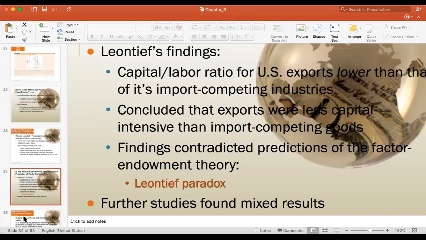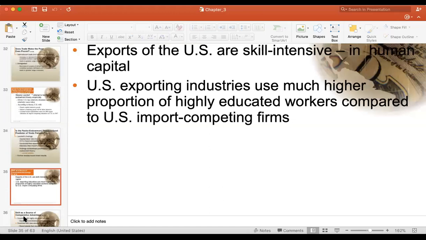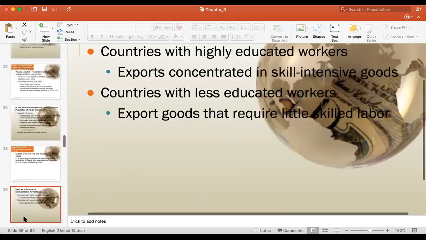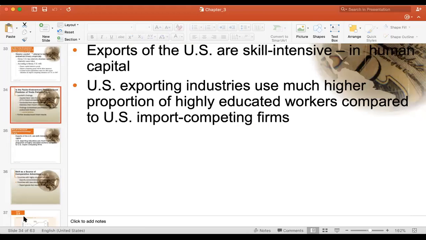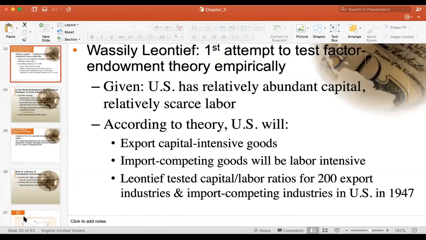And he used, again, economic data from about 200 industries in, let's see now, where is that? Does it say that? Yeah, right here. Wassily Leontief. First attempt to test factor endowment theory empirically. What is given to Leontief?